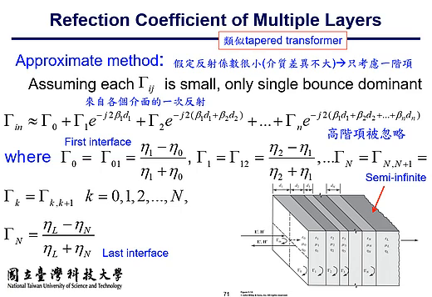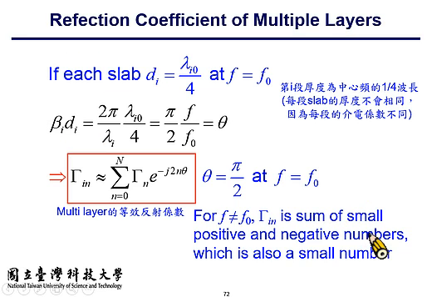Then it's possible to achieve a matching design for a very broad band, as long as you have many more layers with small difference between each adjacent layer.